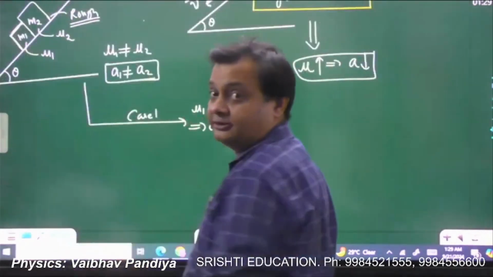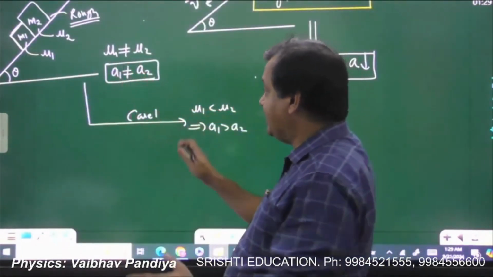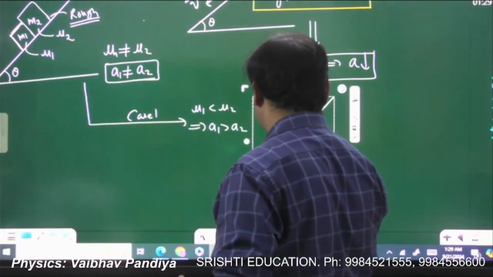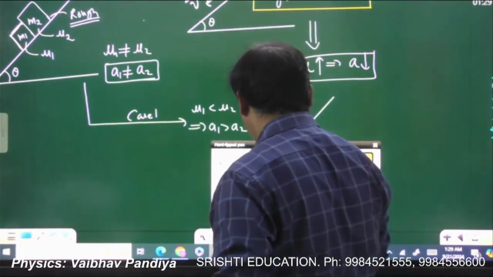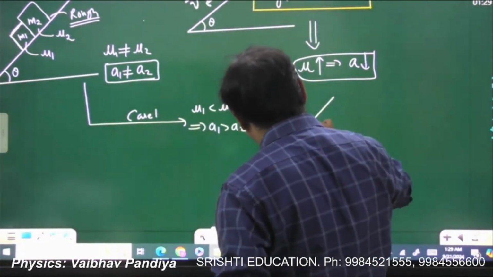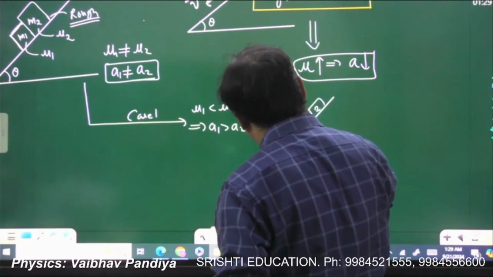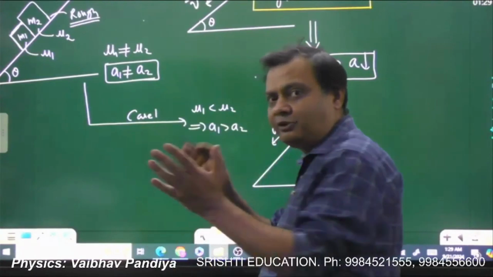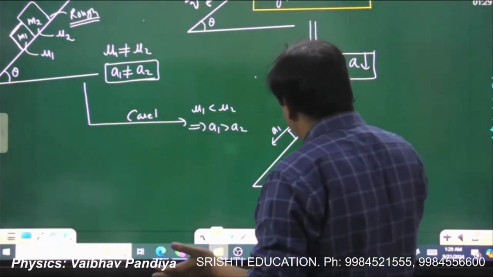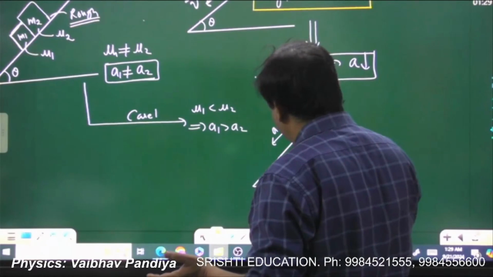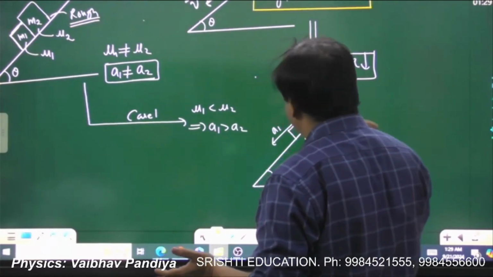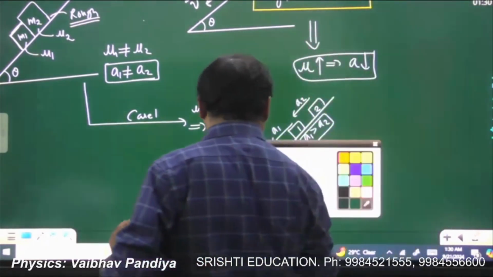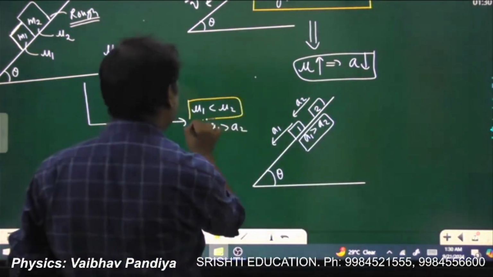That is, the block ahead, block 1, will have a greater acceleration to come down, and there will be no interaction force between the blocks. They will come with different accelerations. a1 will be greater than a2. Block 1 will be leading block 2. The distance will be increasing between them, because in this case a1 will be greater than a2 when mu1 is less than mu2. That is case 1.